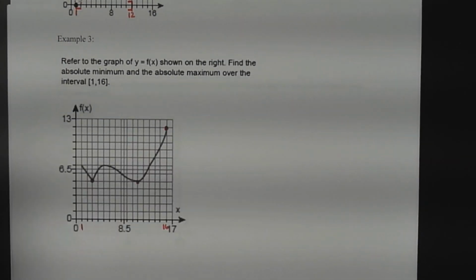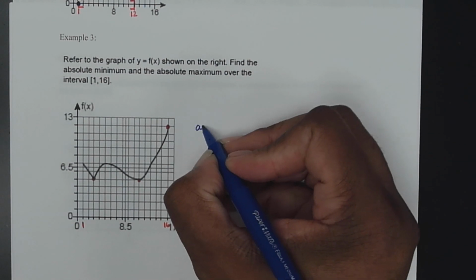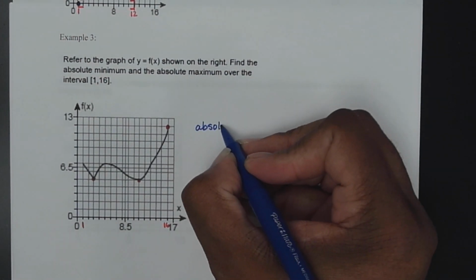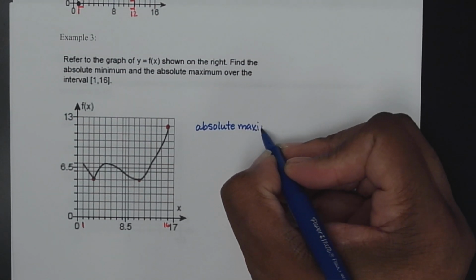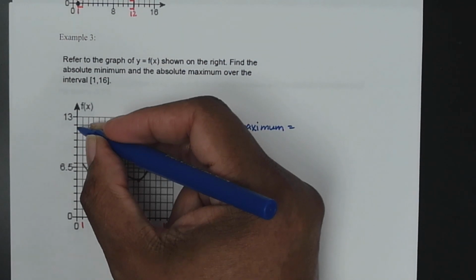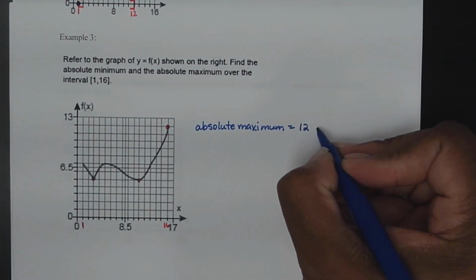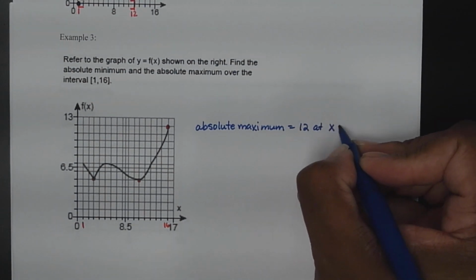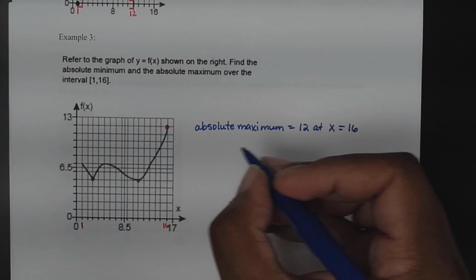All right, so let's go ahead and write down what that absolute maximum is. The absolute maximum, that's going to be the y value, which is in this case 12, occurs at x is equal to, in this case, 16.